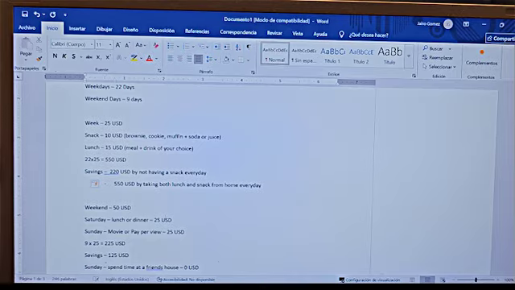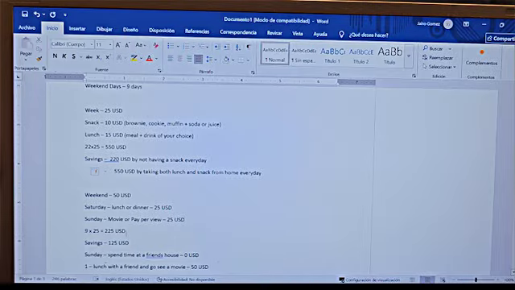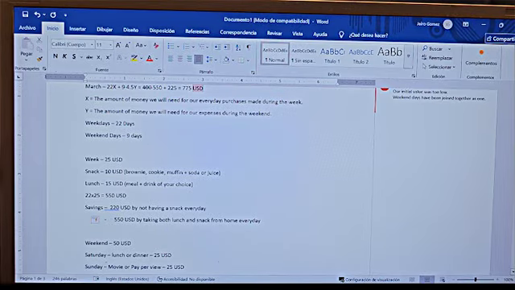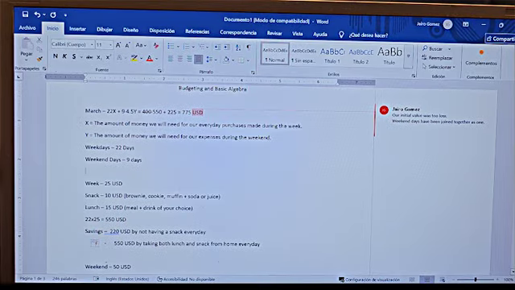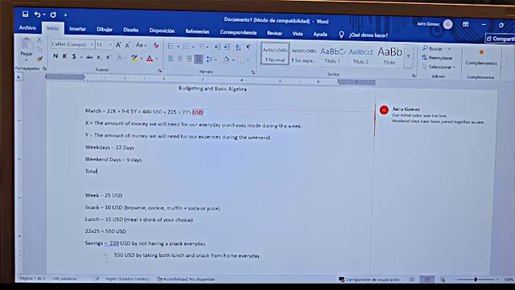So we have a total savings of $125 and potential savings between $220 and $550.